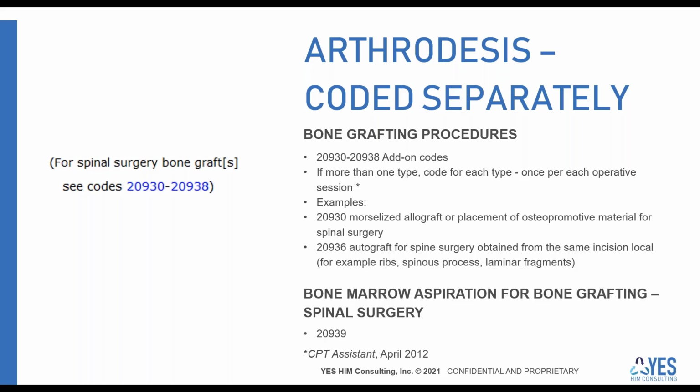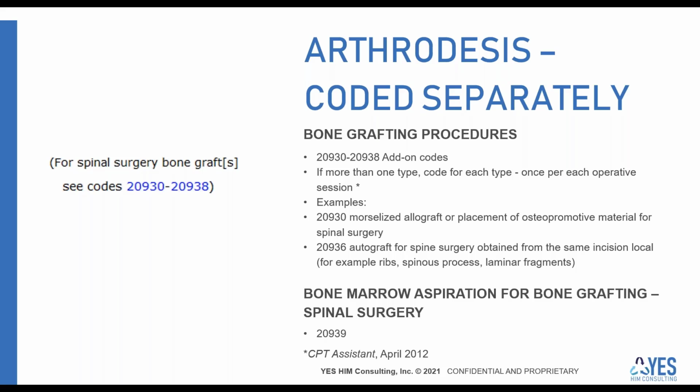The first thing that's able to be coded separately, and we've talked about it a lot already, is your bone graft procedures. On the left-hand side is just a little snippet from TruCode. The bone grafts for spinal surgery are generally within the category of 20930 and 20938, and those are going to be add-on codes.